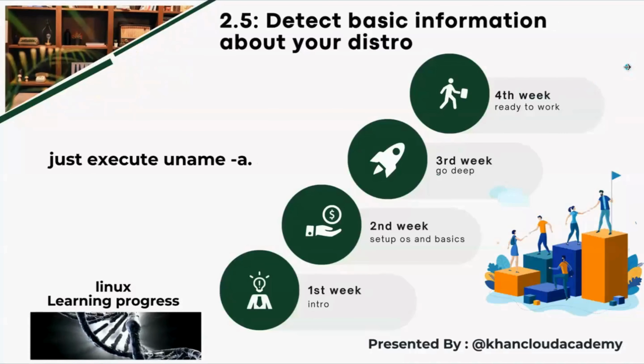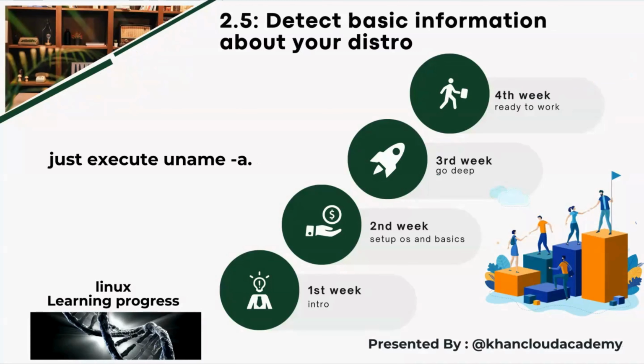Detect basic information about your distro. How are you going to check? The basic distro I already showed you, just execute uname. You have to keep working on your Linux learning progress, guys. I don't think it's more than a 4 week course. First week is just introduction. Second week, try to set up your local machine, download free software and install it.